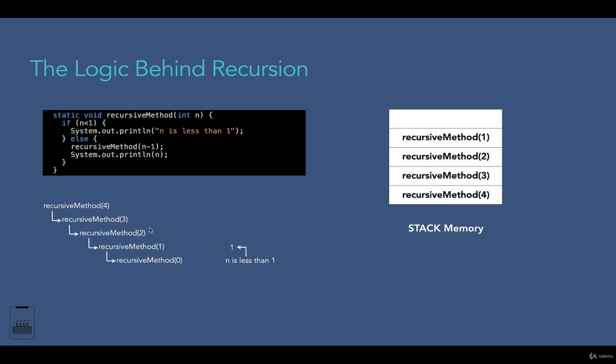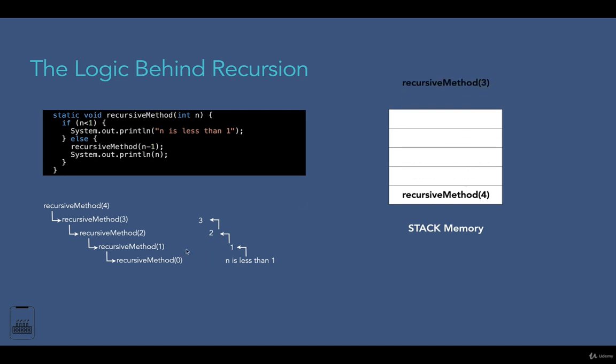Then it continues to the recursive method with the parameter of 2. This method will be called and n is printed, which is 2, and the recursive method with the parameter of 2 is removed from the stack memory. Then the next method is the recursive method with the parameter of 3.